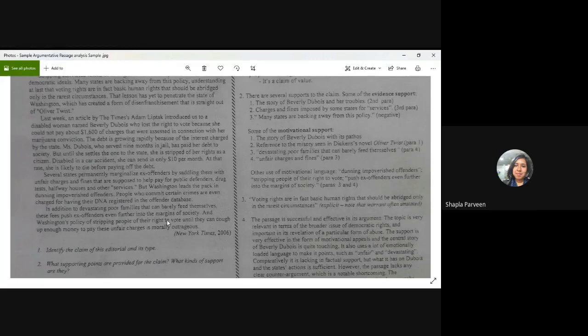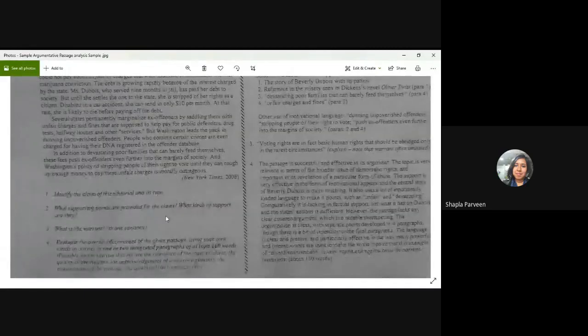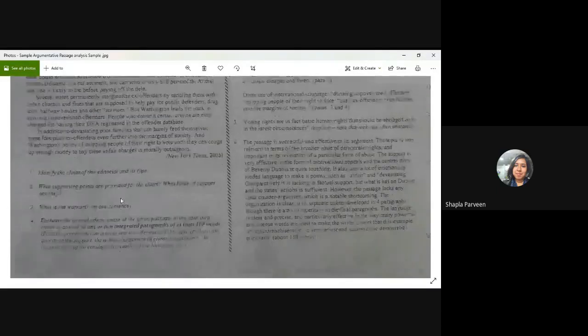So they are not factual support, but the information is written in such a way that it stirs the inner emotion of the readers. They feel from inside that the claim must be true or logical, and so motivational support is another type of support. So basically, in the argumentative passage, there will be examples of 2 types of support. One is evidence support, and the other one is motivational support. You have to identify them and make a list of them.